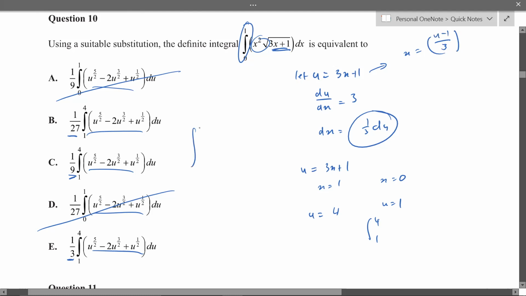So this would be 4 to 1. And then x squared is this squared, so u minus 1 on 3 squared, and square root u du times 1/3 du. So you can see that this factor and this factor will give you the coefficient. So it's 9 times a third, so it's 1 on 27, and that's D.